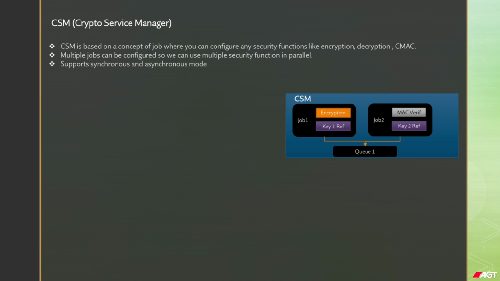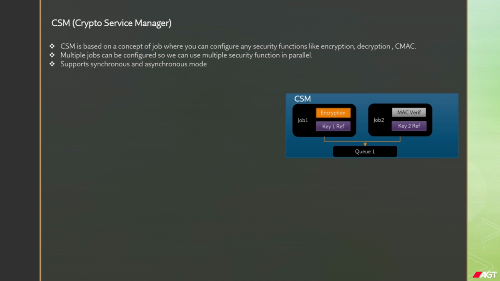In the crypto driver, the key reference refers to a specific key type. Here, as you can see, these jobs are passed to the CRYIF through a queue. So now you will get a doubt about which will go first. It depends on the priority of the job. For example, if job 1 is of high priority, then job 1 will be passed first in the queue.